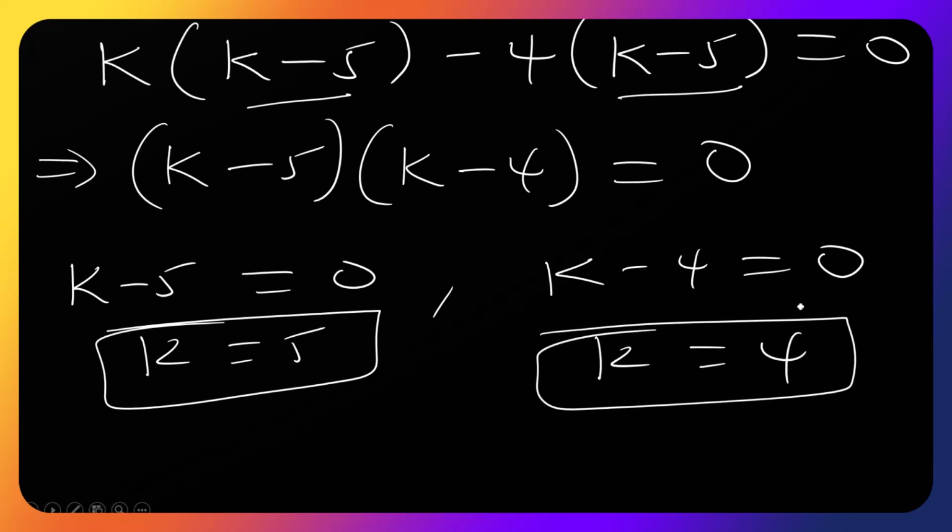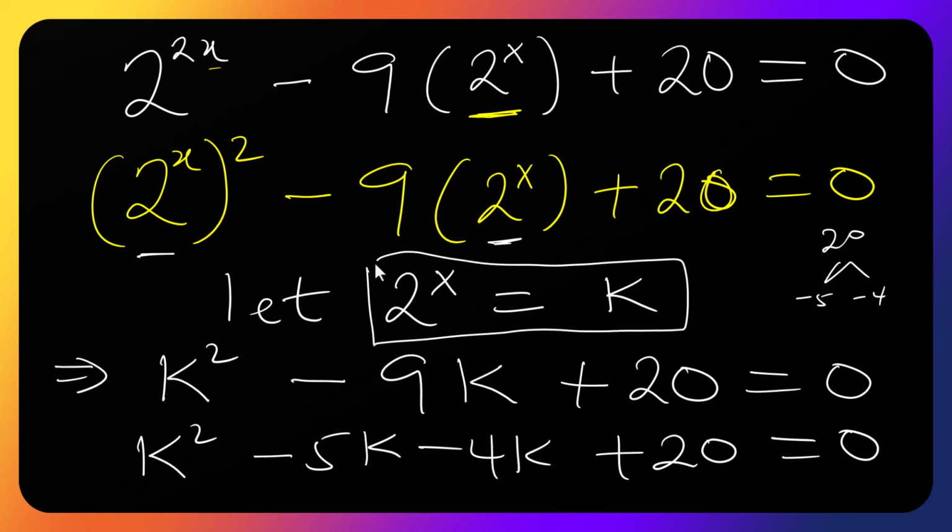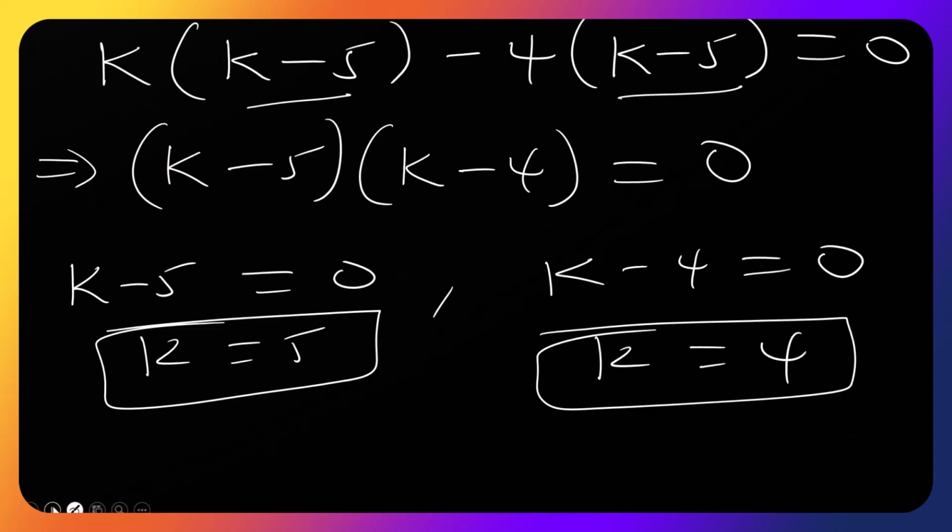Okay. Remember, we are not after k, but rather x. Remember, we did this. So let's recall from here, 2 to the power of x equals k. So we are going to do substitution here. The first answer for k is 5.